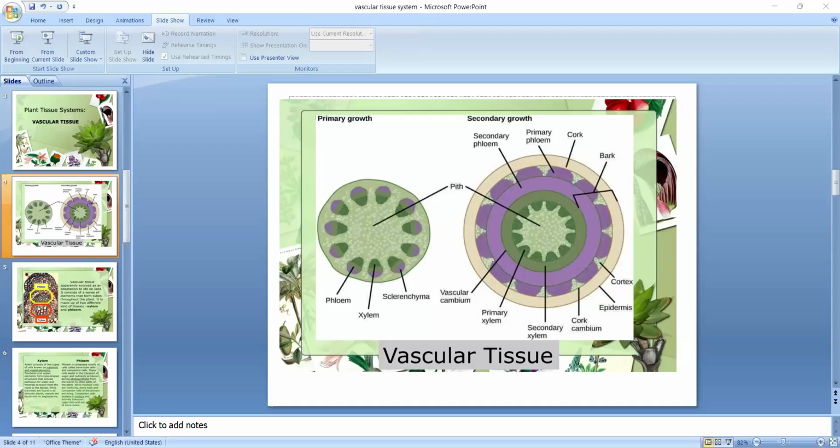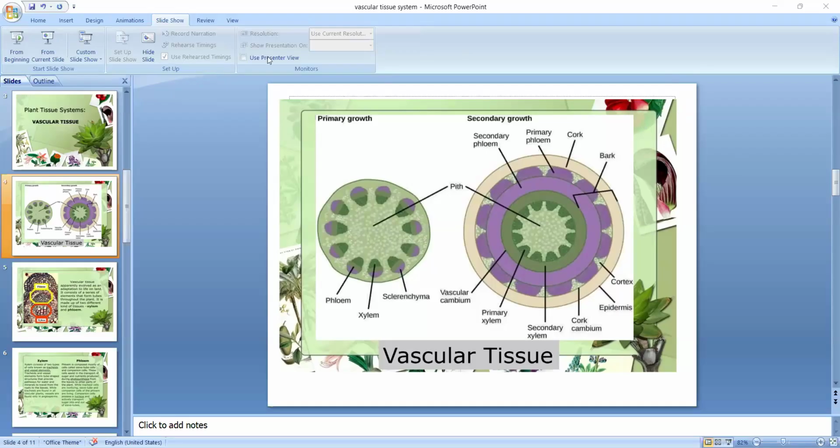Okay, I'll show you. See here, these are types of vascular bundles: conjoint, collateral, and open. In which vascular bundles the cambium, the yellow-colored cambium, is there, those are open type of vascular bundles.